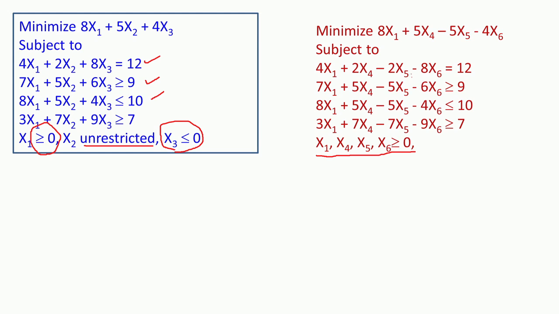Now we have to bring it to the form where all the constraints are of the required type. So what we did was, we retained this less than or equal to constraint, we multiplied this with a minus 1, the entire constraint with a minus 1, so that we get a less than or equal to, the 9 would become minus 9.